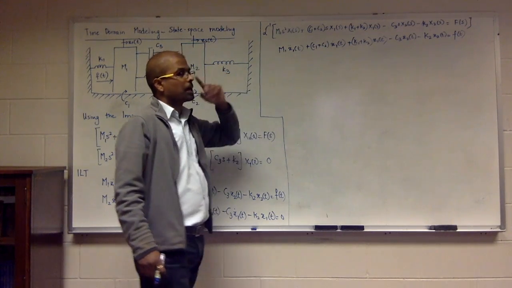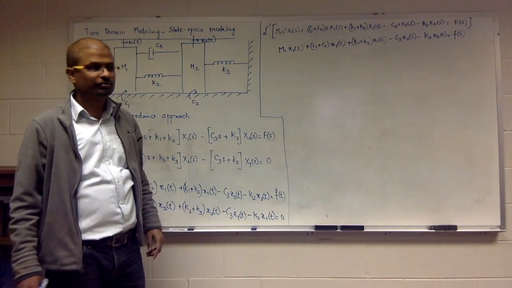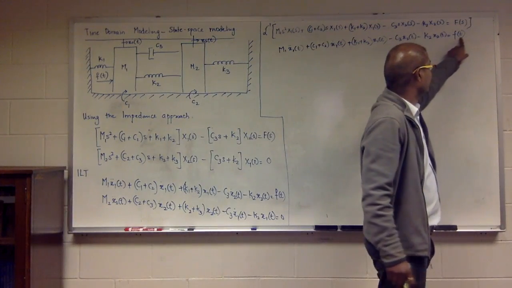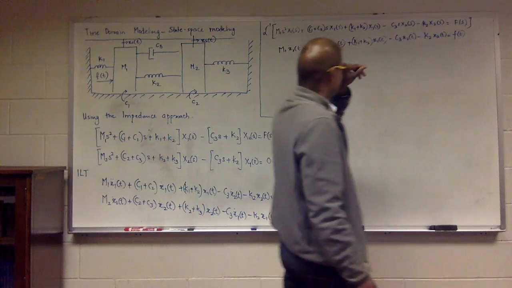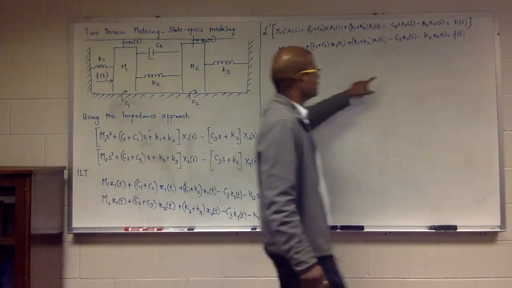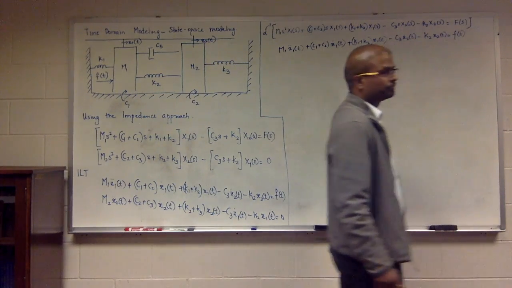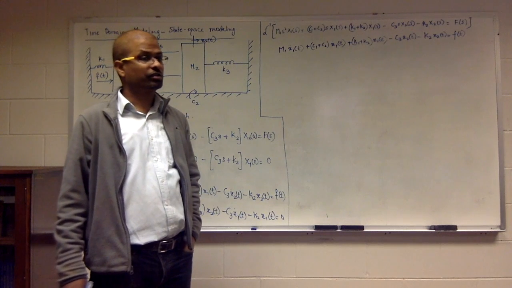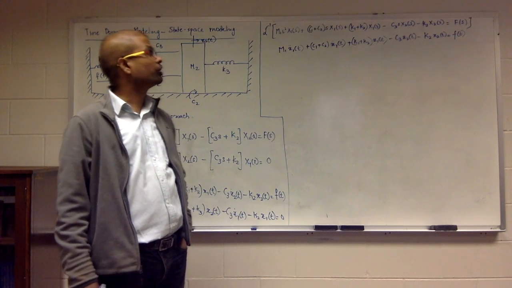What is the input here? Oh, the force. Yeah, the force. Okay, f of t. So this force is the input, right? So you can express this force either as function of time, which is like this, or function of frequency like this. You understand? It's the same thing. Just one is expressed as time, one is expressed as frequency.